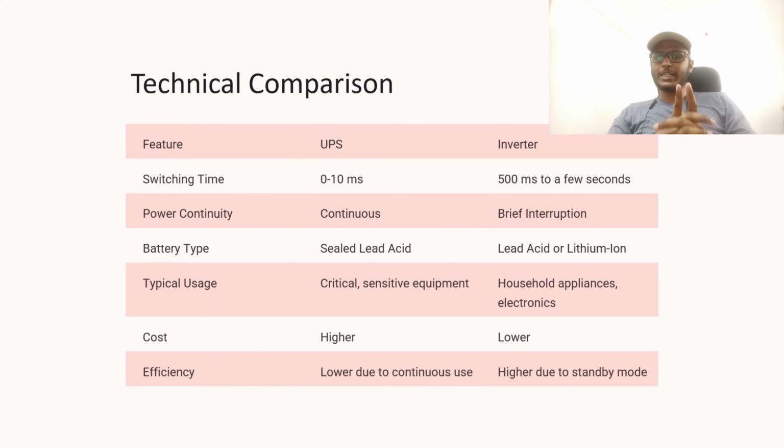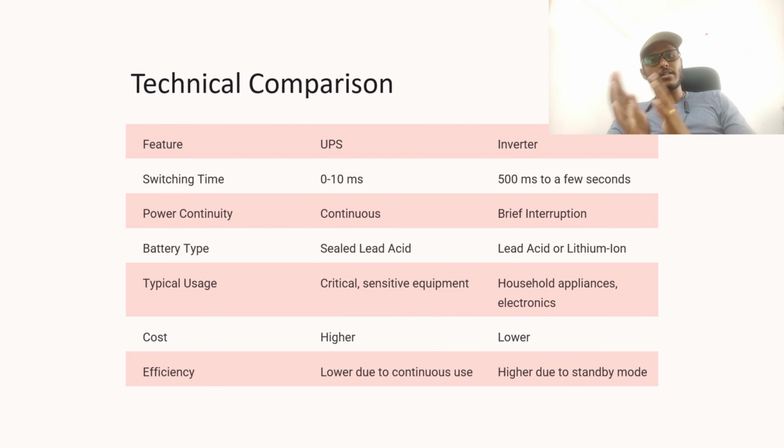And cost is actually higher for a UPS. I know on this point you may have a different view or an argument. You will say an inverter will cost around 20,000, 30,000, whereas a UPS will cost around 2,000, 3,000, 4,000. But technically, the inverter cost you are considering includes the battery. If you are looking only at the inverter, I don't think the inverter cost is much higher.